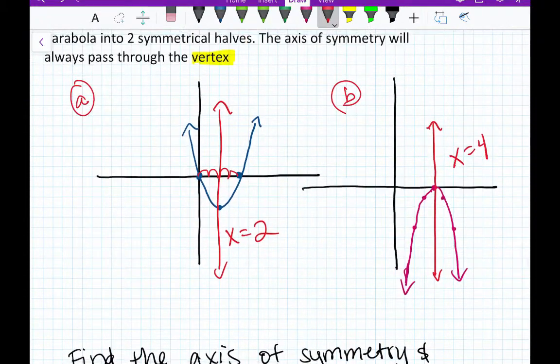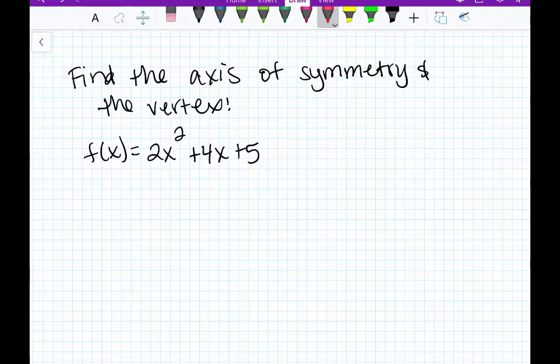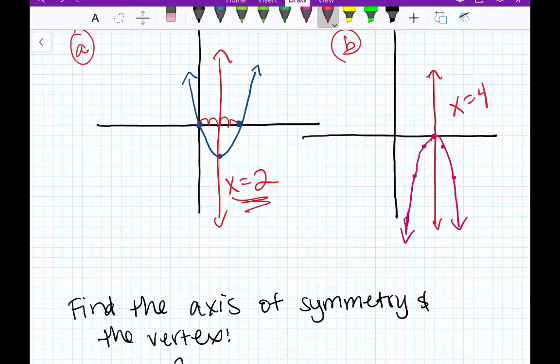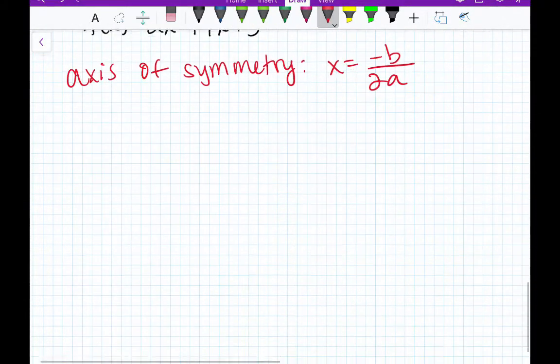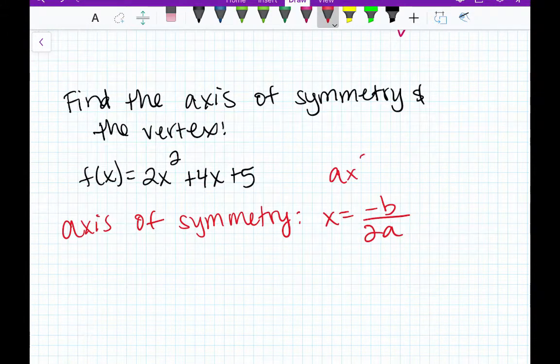So as we mentioned, the axis of symmetry always goes through the vertex. And so I'm going to give you a formula for how to find the axis of symmetry. And that is x equals negative b over 2a. So remember, our equation of our axis of symmetry was x equals. And so this is actually the formula when you think about standard form, ax squared plus bx plus c.